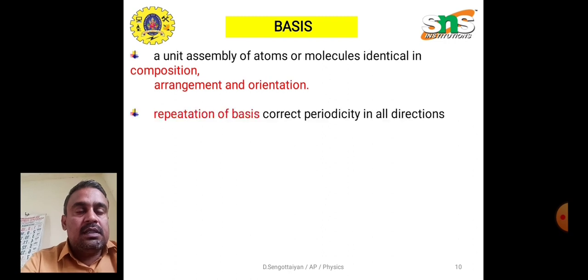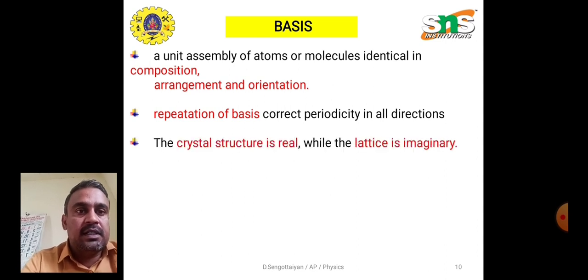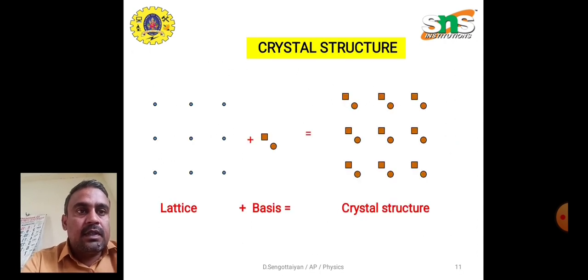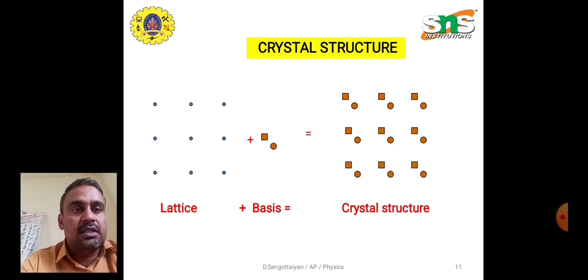The basis is a unit assembly of atoms or molecules which is identified with respect to the position of lattice points. The repetition of the basis gives the correct periodicity in all directions. In the crystal structure, lattice plus basis is equal to crystal structure.